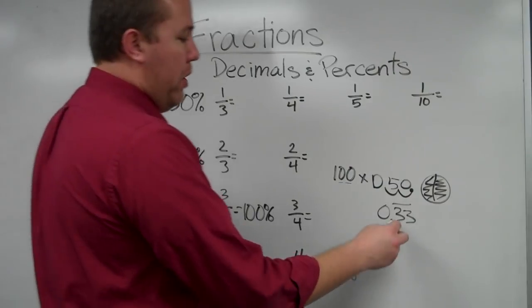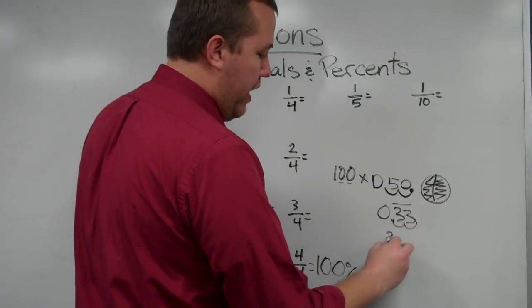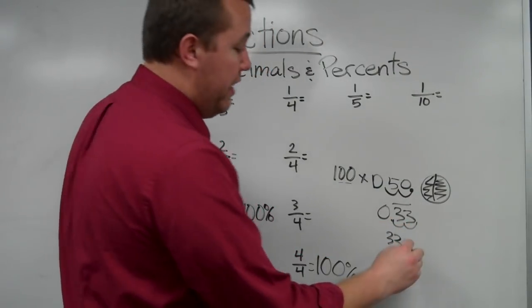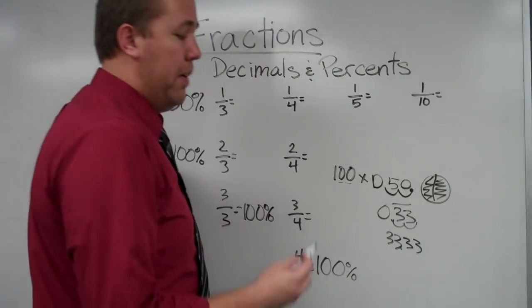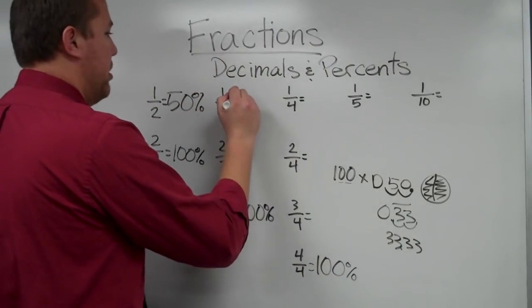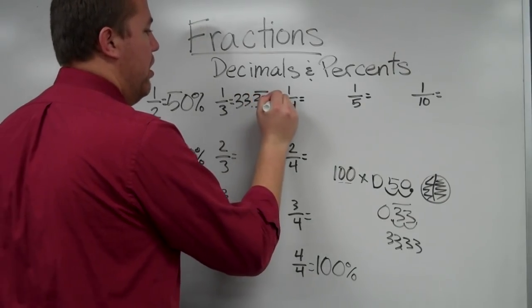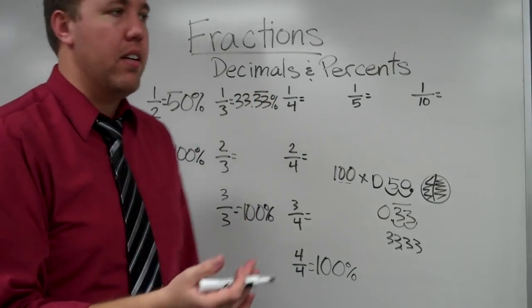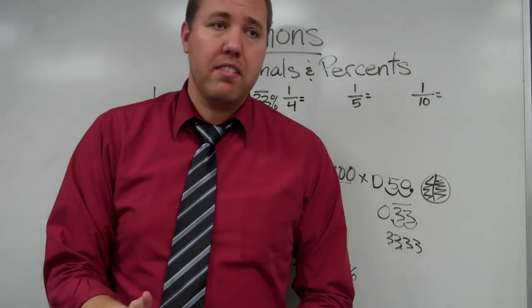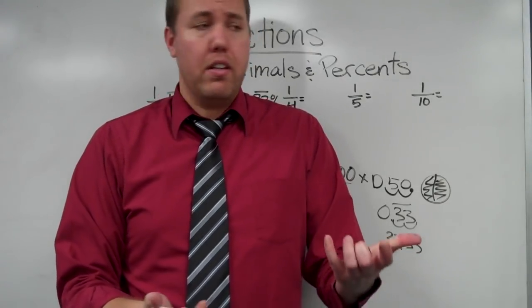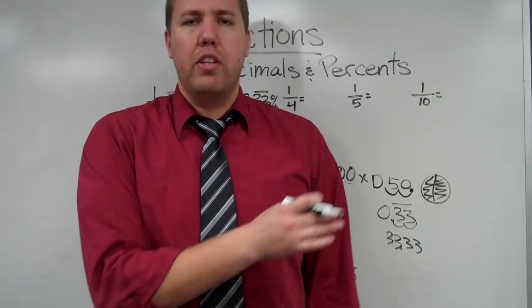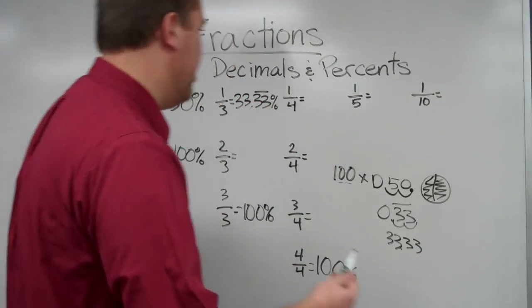So I times it by 100 and I get 33, and those 3's, since they're repeating, we're talking about 33.33%. Okay, 33.33 forever percent. That equals 1/3. So if I make 1 out of 3 baskets, that's 33.33%, or you can say approximately 33%.